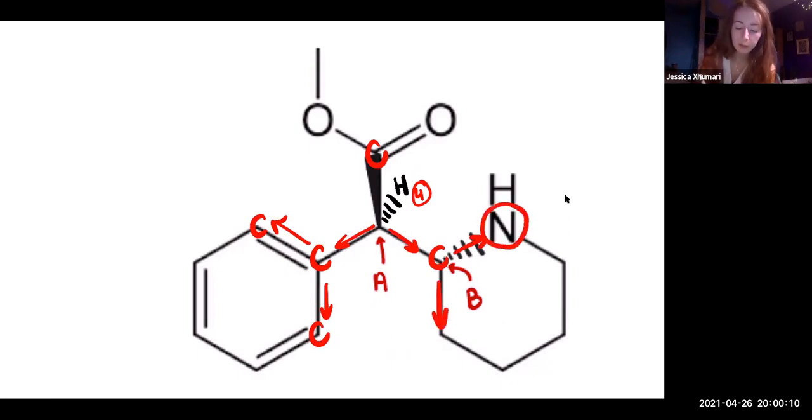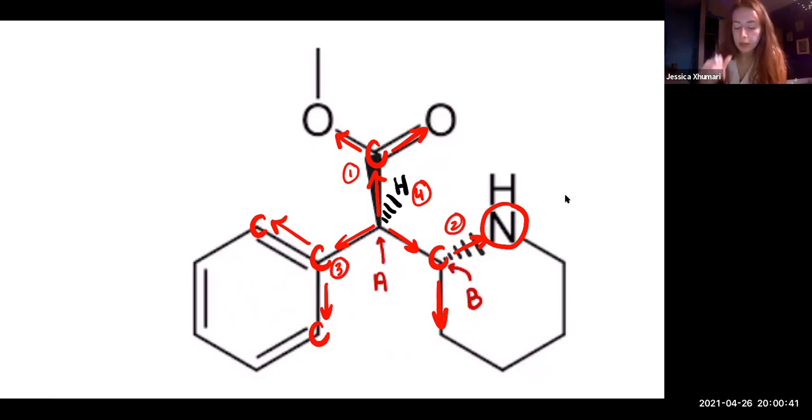When we take it a step further on the top carbon here, we run into 2 oxygens. As we know, oxygen has a higher atomic number than nitrogen, and so this top region is going to be first priority. But nitrogen is still better than carbon, so this direction is going to be second priority, and that leaves this one to be third.